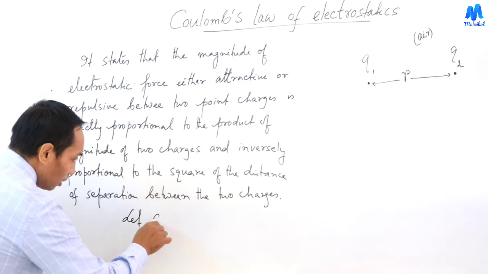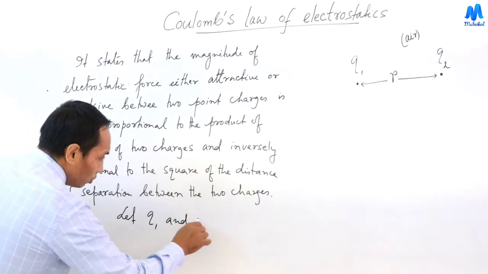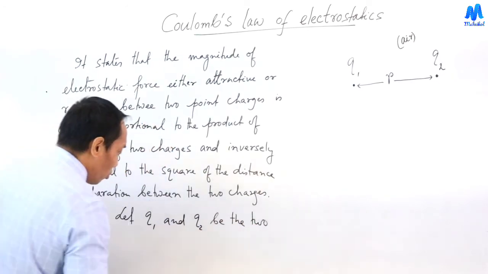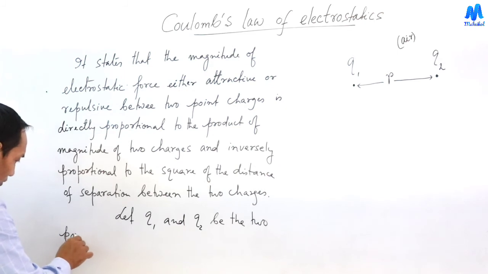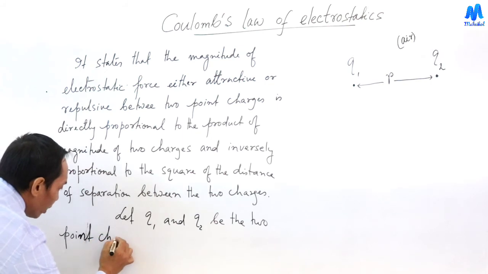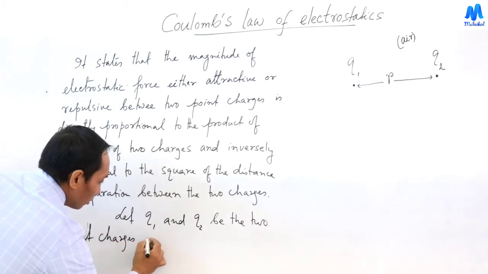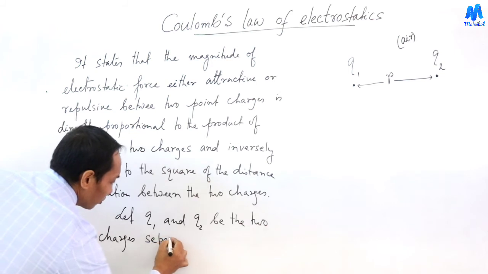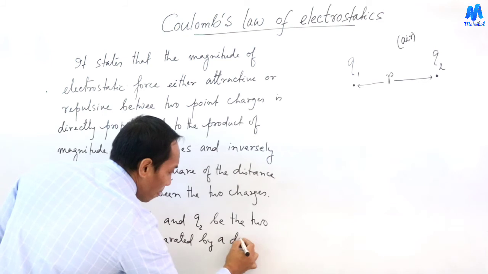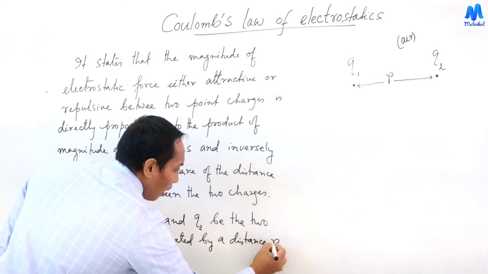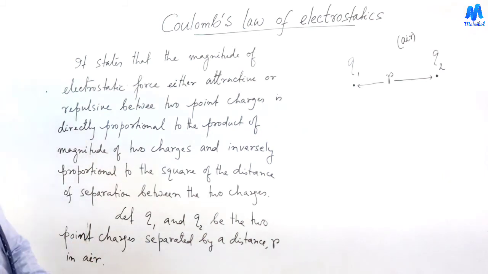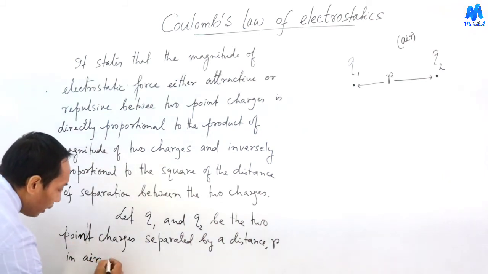Let Q1 and Q2 be the two point charges separated by a distance r in air, in the medium between the charges, as shown in figure.